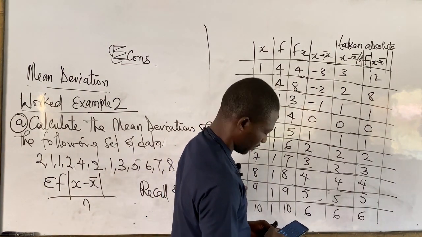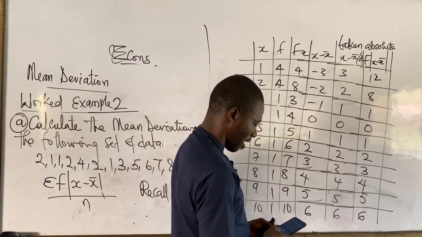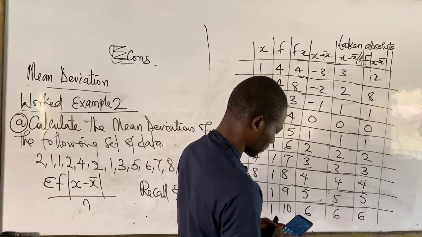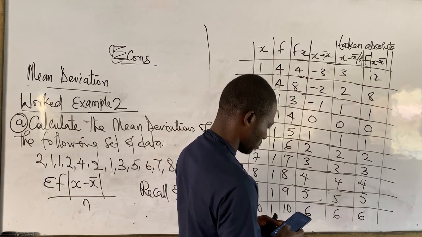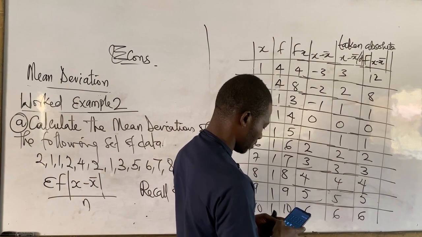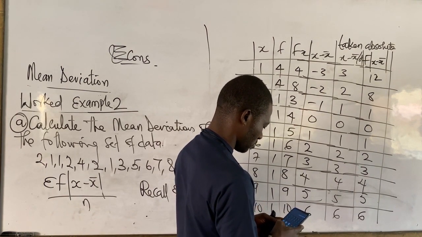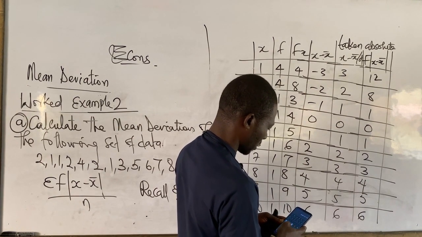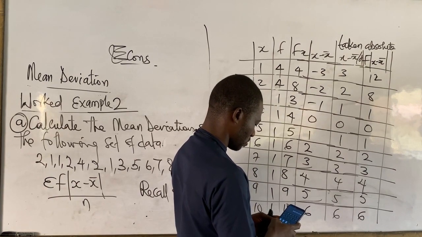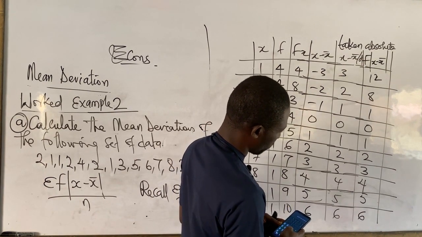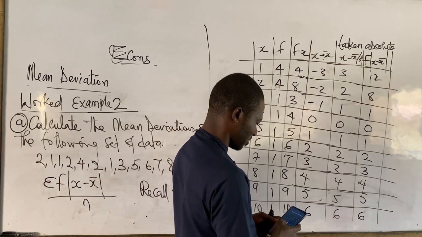So here we have 12 plus 8, plus 1, plus 0, plus 1, plus 2, plus 3, plus 4, plus 5, plus 6.